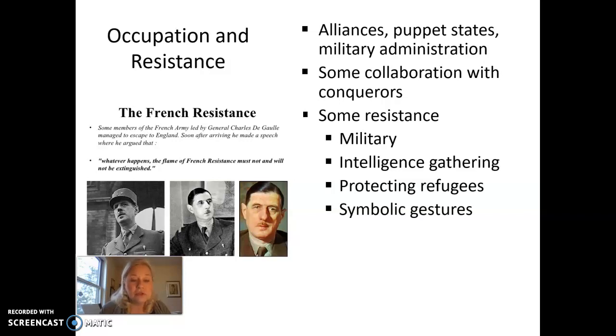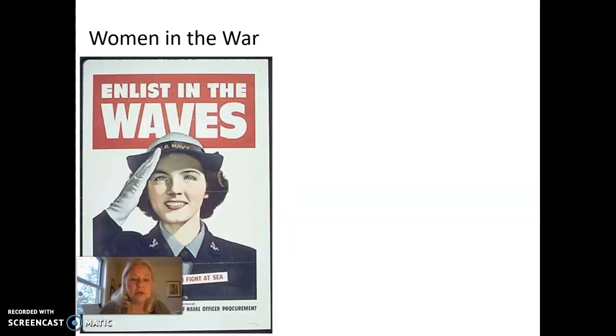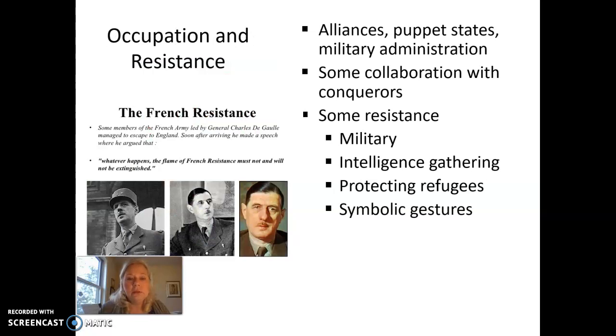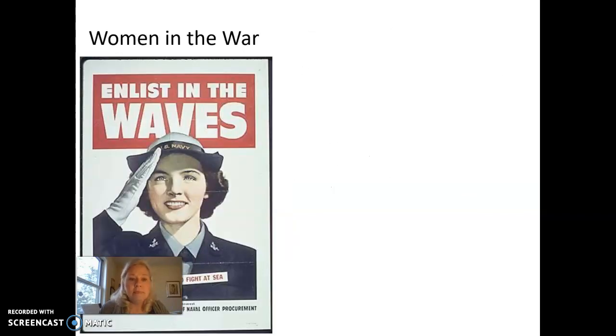There were other symbolic gestures of resistance against occupation. So that's an important part of the war, not one so much we need to know a lot about in that course, but if you go on to study World War II in more detail, that will be something that you'll probably spend some time on.